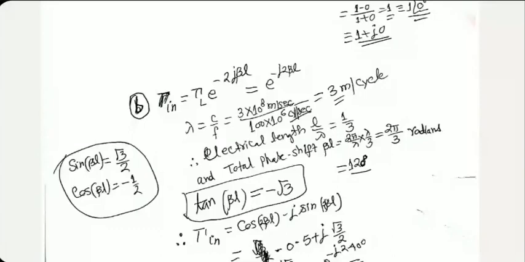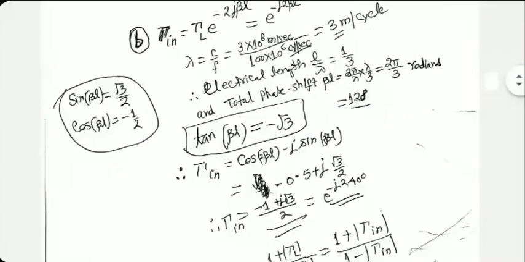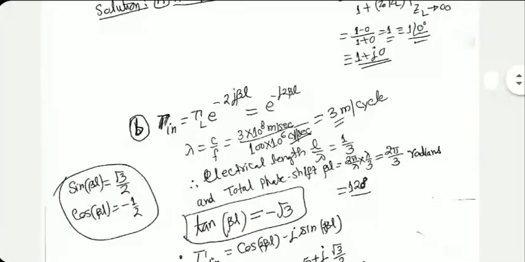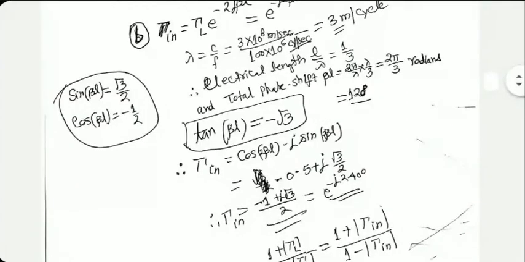So if I put all that in the tau in formula, tau L is plus 1, so I get e to the power minus 2j beta L, which in rectangular form can be written as cos 2 beta L minus j sin 2 beta L. Double check my calculations. The answer is e to the power minus j 240 degrees. You can always express it as e to the power plus j 120 degrees by adding 360 degrees to the angle.